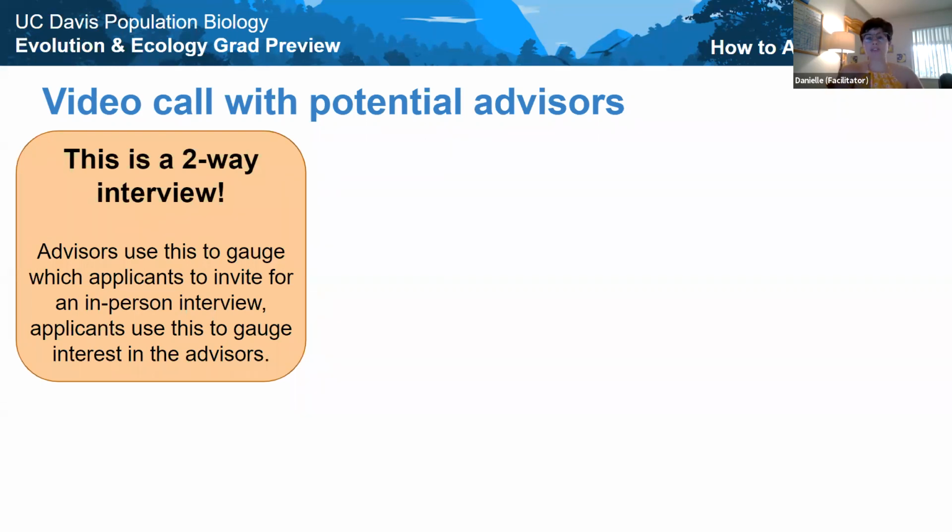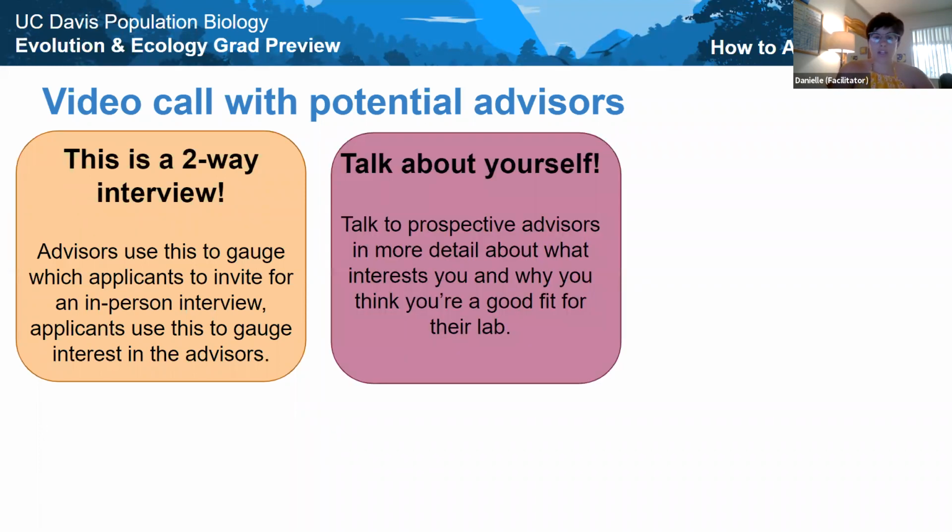You definitely want to ask questions on their research to see if it is something that interests you. You also want to talk about yourself. You want to talk more specifically about your research interests and why you're a good fit for their lab. This will be a good way to start making those connections and thinking about the future with them.